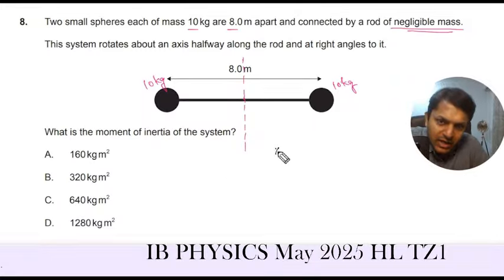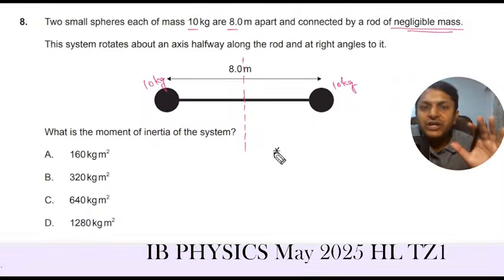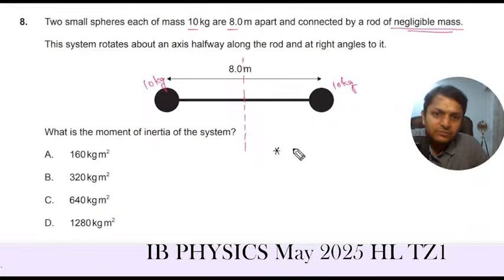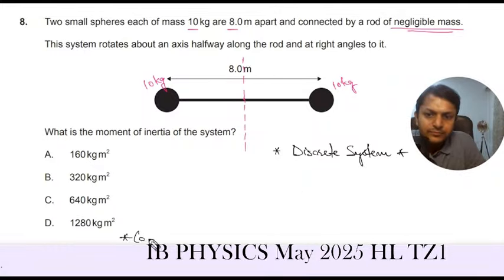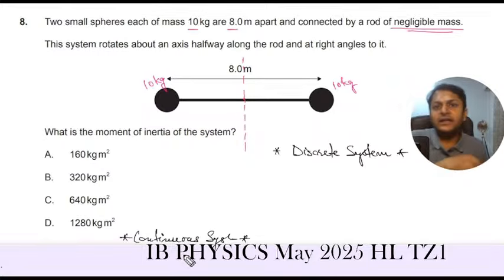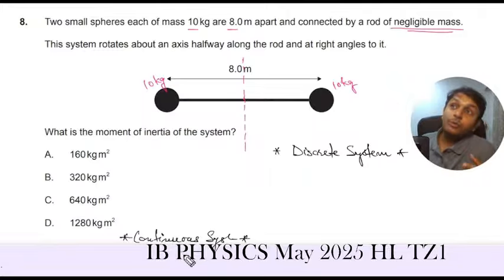Listen to me. In the moment of inertia, usually there are two different types of systems. One is called the discrete system, and another is called the continuous system. A continuous system is like the rod in which you have a continuous distribution of mass all through the volume, and you can talk about spheres, cubes and cuboids, those 3D bodies.